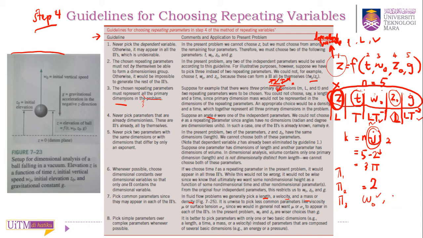You only need to choose two, so we will choose W0 and Z0. Sorry, L is the primary dimension there.